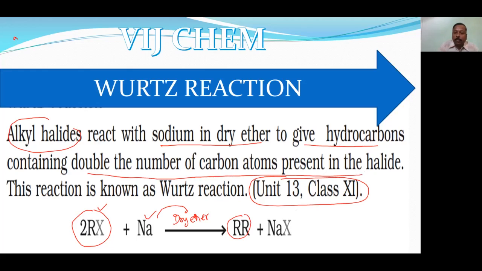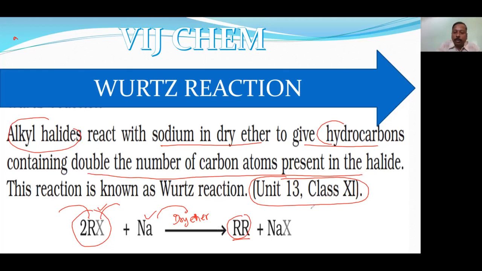So the product will be the hydrocarbon. If you have propyl chloride, you will get hexane. If you have butyl bromide, you will get octane. The number of carbon atoms in the product hydrocarbon will be just twice the number of carbon atoms available in the haloalkane.